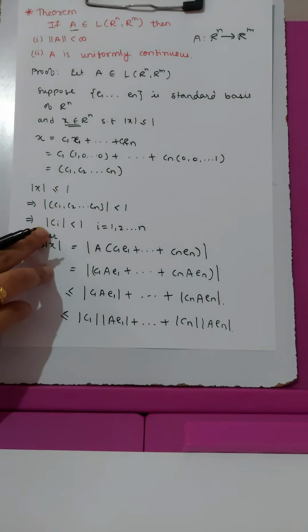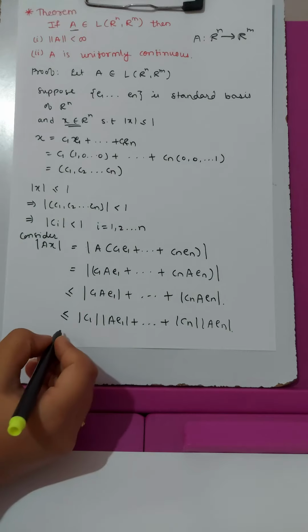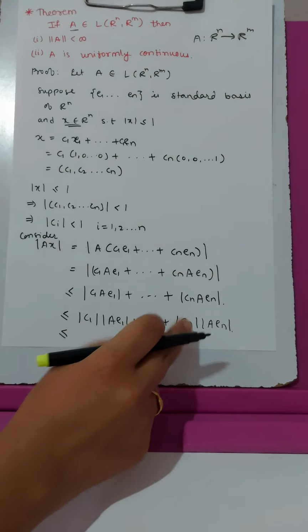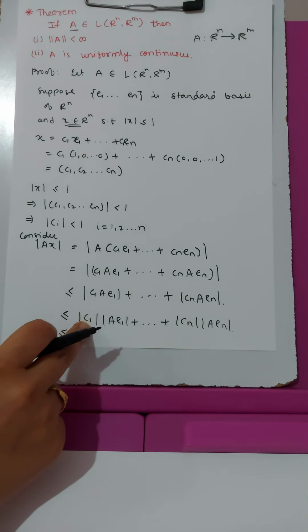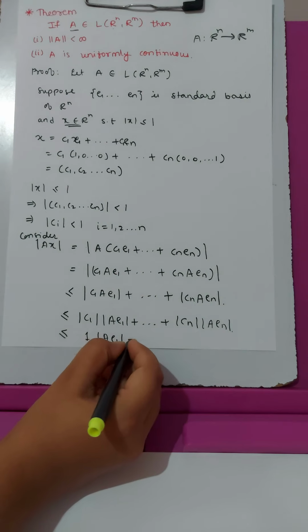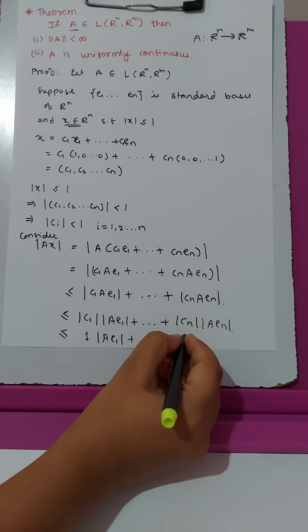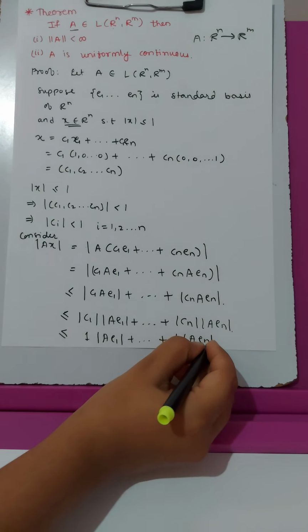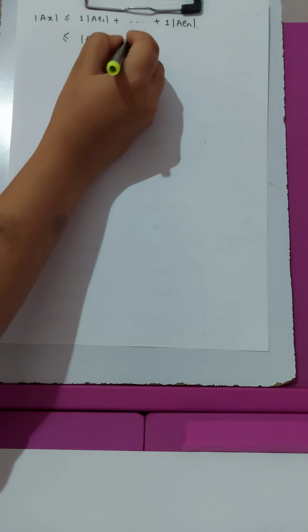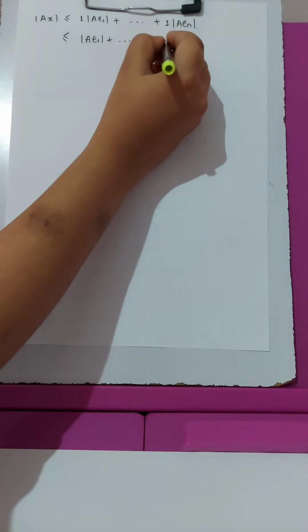Now we know that each ci is at most 1, so we can put 1 instead of c1 up to cn. So 1 times mod of A e1 plus up to so on 1 times mod of A en. Therefore we get mod of Ax less than or equal to mod of A e1 plus up to so on mod of A en.